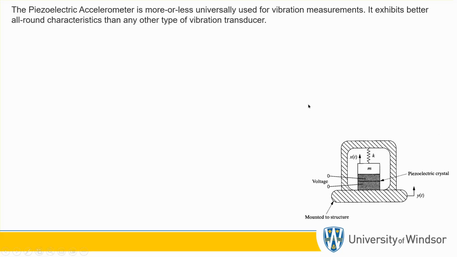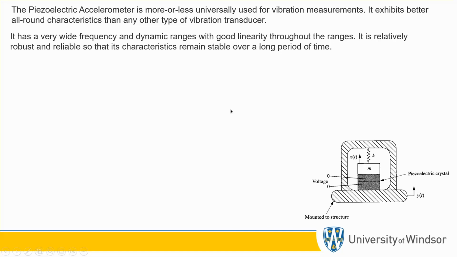You do not need a voltage supply, a battery, or a power supply in order to get a voltage here. Just the squeezing of this crystal will create a voltage. And by the way, the same is true in reverse: if you apply voltage to a piezoelectric crystal, its shape changes. So not only does squeezing it give you a voltage, if you give it a voltage, the shape of the crystal will change. That's why it's called a smart material.